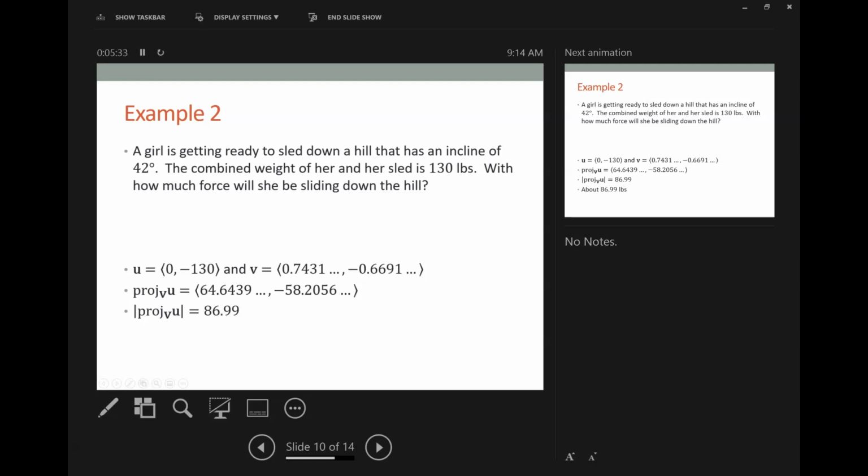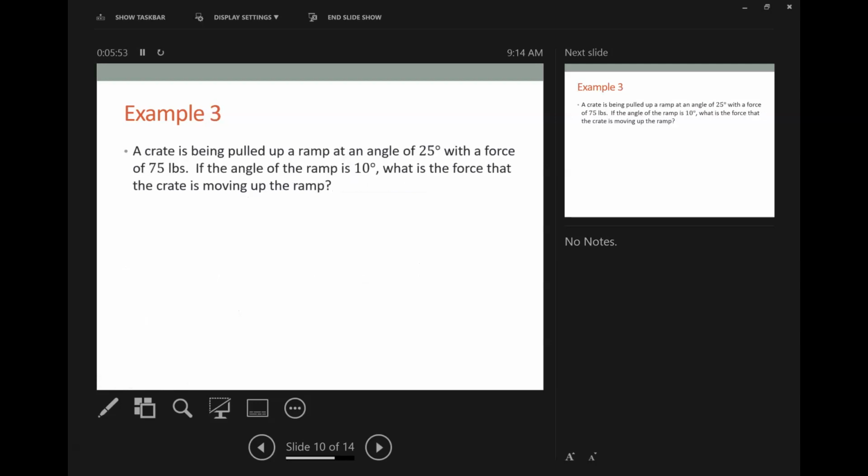Really, though, this magnitude is just the dot product of u and v. Everybody okay? So let's see an example here where that's not the case.